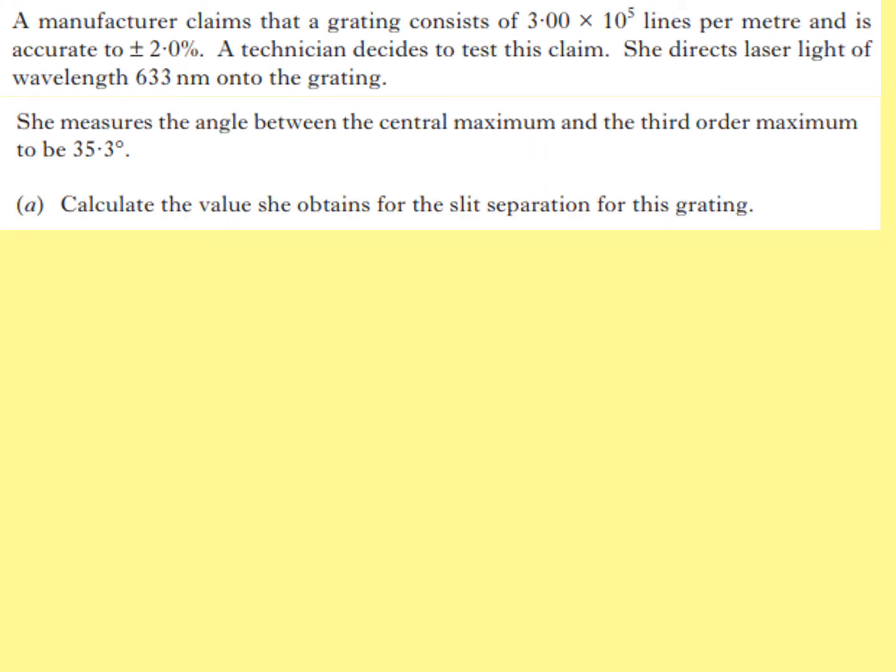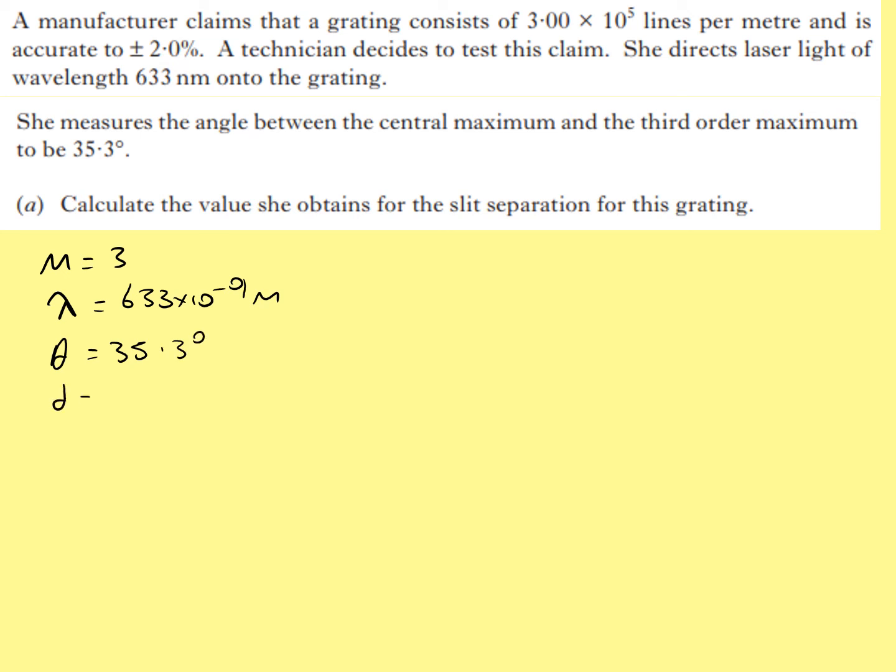First step whenever we have calculation questions, writing down what you know. We know that m is equal to 3 because it's a third order maxima. We know the wavelength is equal to 633 times 10 to the negative 9 because we're given that within the question. And we know theta is equal to 35.3 degrees because again that's given.